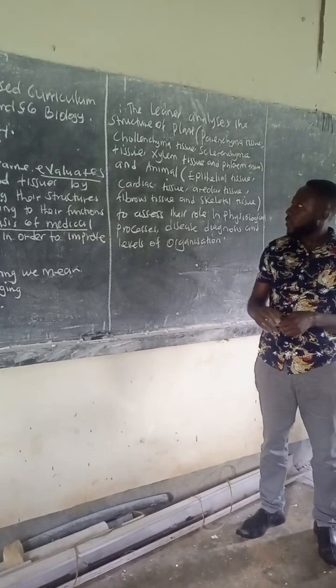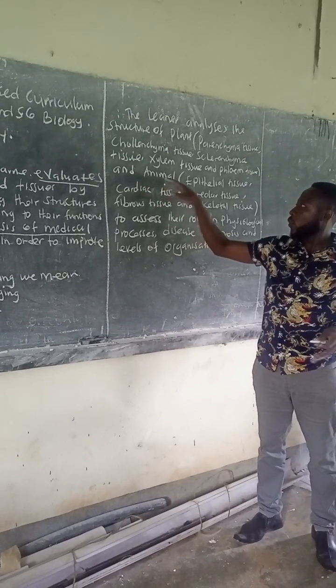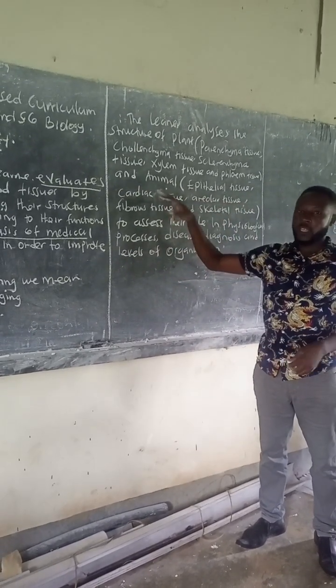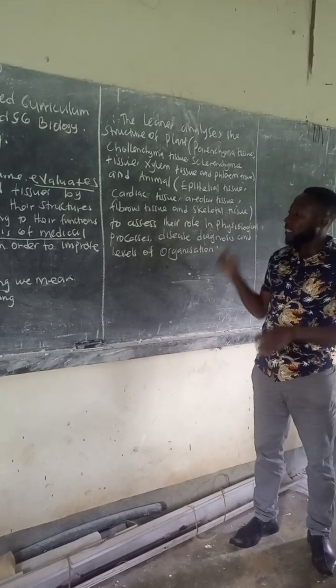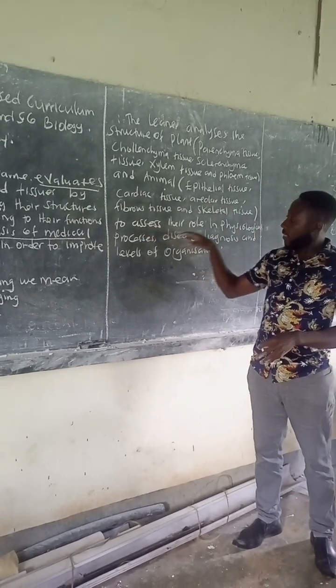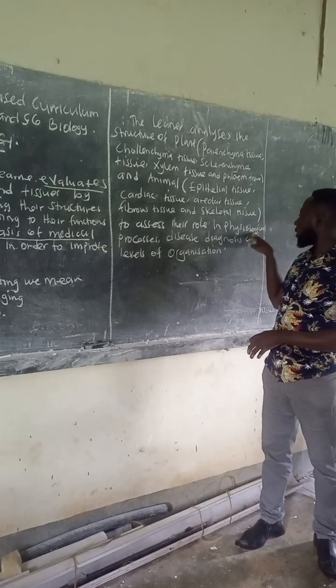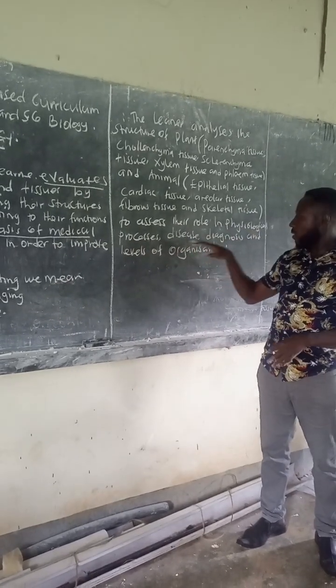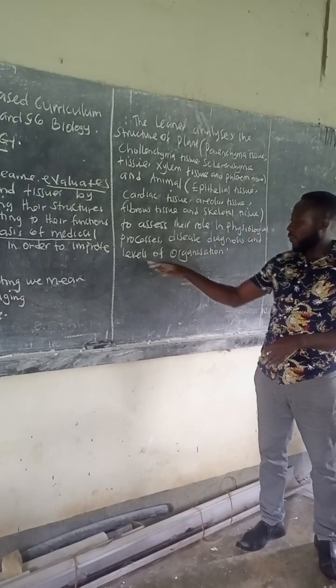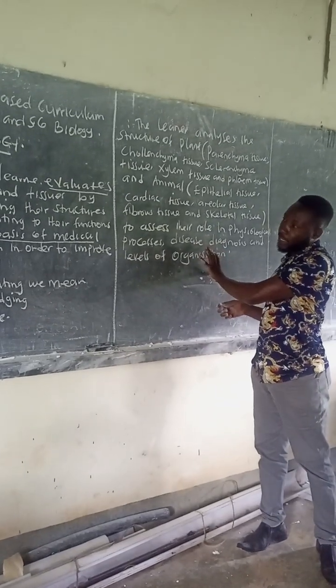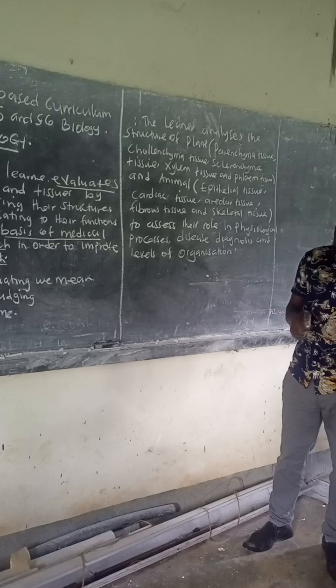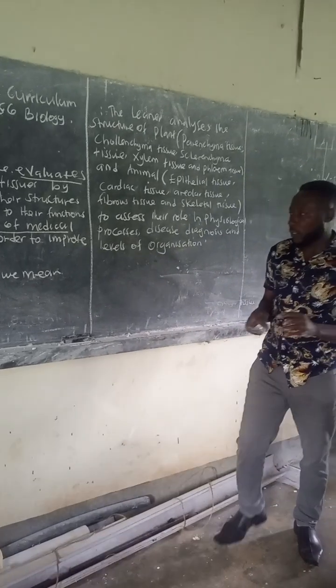And in animals, we shall also talk about epithelial tissue, the cardiac tissue, the areolar tissue, fibrous tissue, and skeletal tissue to assess their role in physiological processes, disease diagnosis, and levels of organization. This is the learning outcome that will make us achieve the content about tissues.